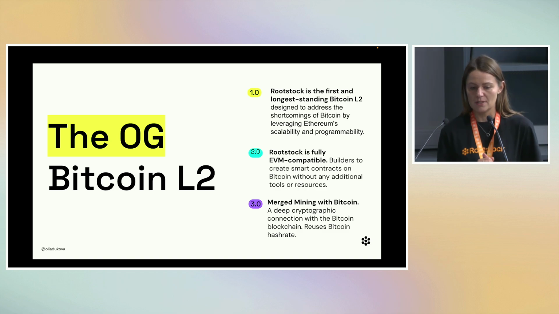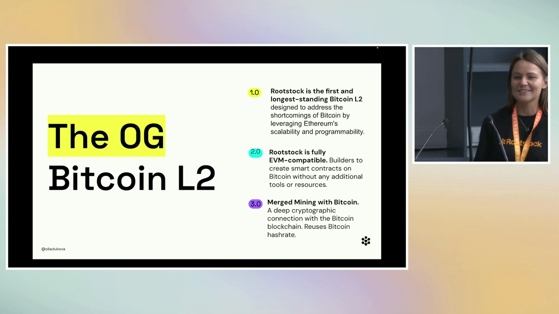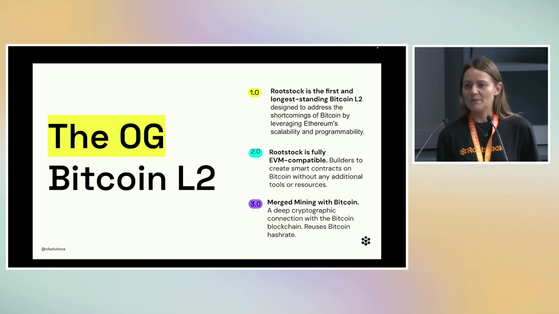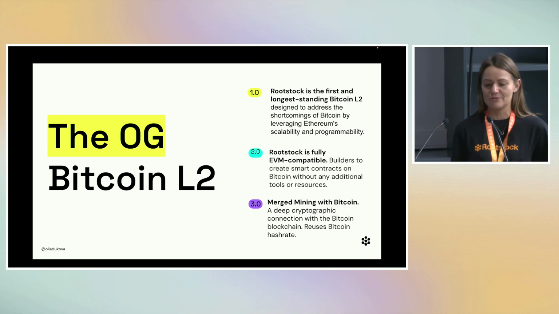What is Rootstock? Rootstock is a Bitcoin sidechain. It's the first and longest running, so the OG Bitcoin sidechain. We've been in mainnet since 2018, so for about 6 years now, with 100% uptime, which we are very proud of. What makes Rootstock special is that it's fully EVM compatible.